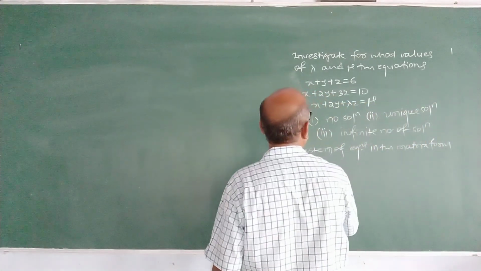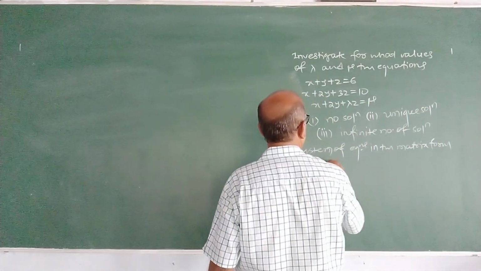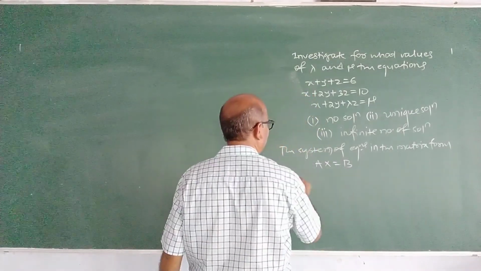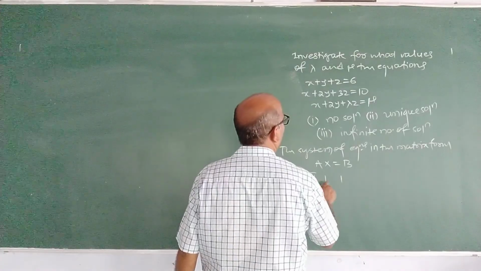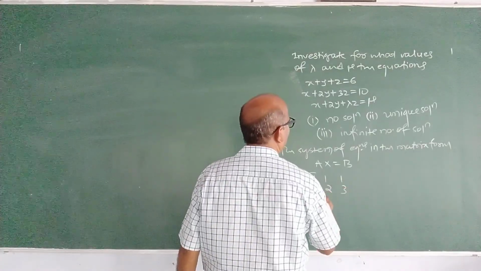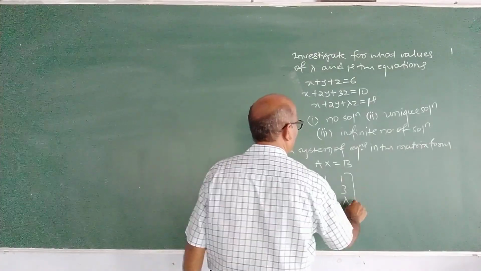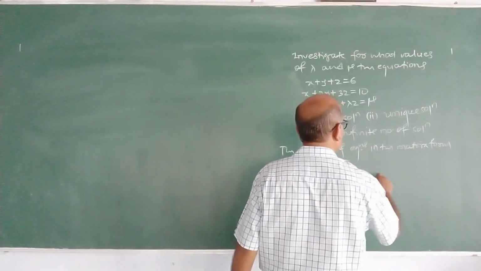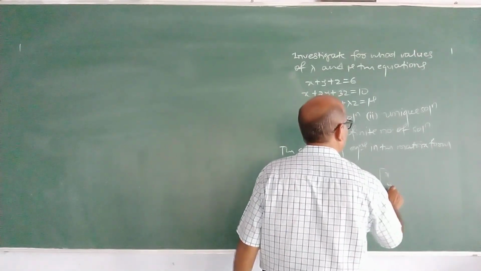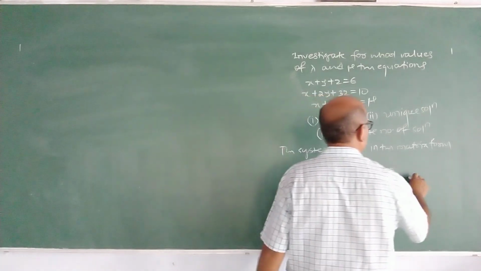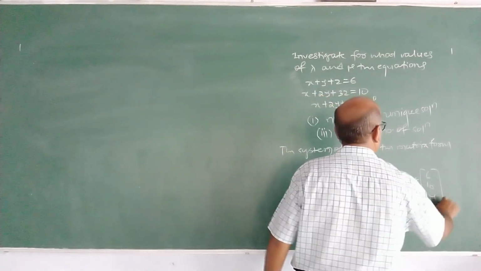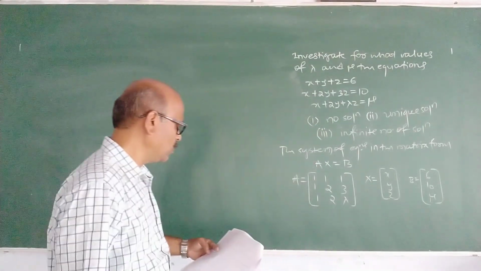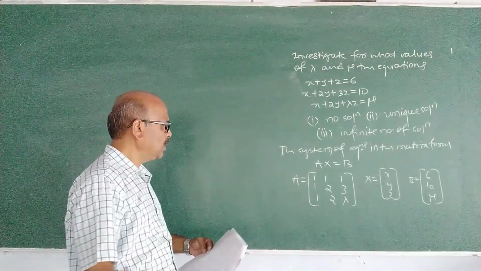It can be written as Ax is equal to B, where A is the coefficient matrix: 1 1 1, 1 2 3 and 1 2 lambda. X is, what are the unknowns? x y z, a 3 by 1 matrix. B is the matrix of constants: 6 10 and mu. Correct? 6 10 mu.